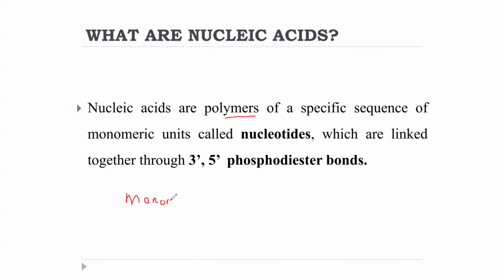So a monomer produces what you call a polymer. This is a general concept from chemistry: we have monomers, and these monomers produce polymers.